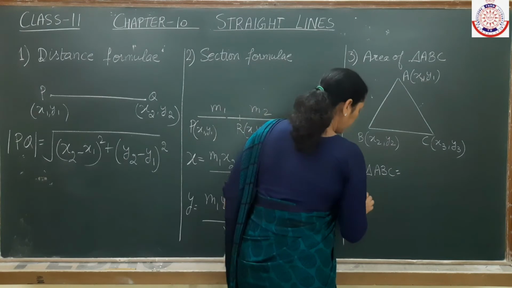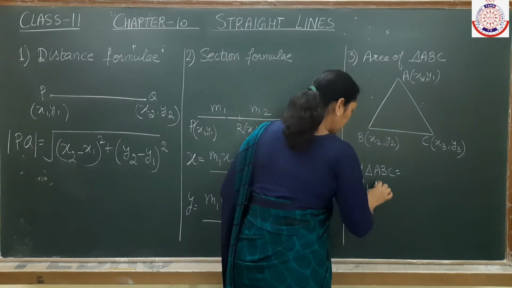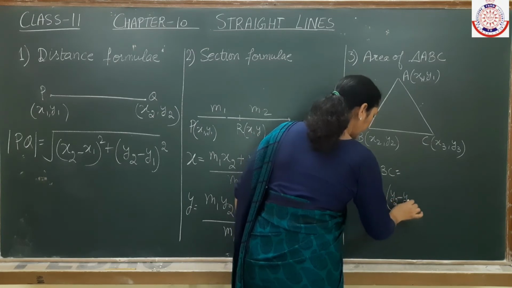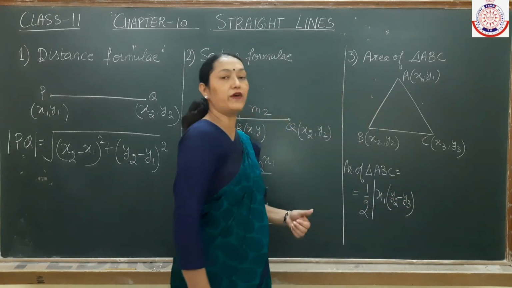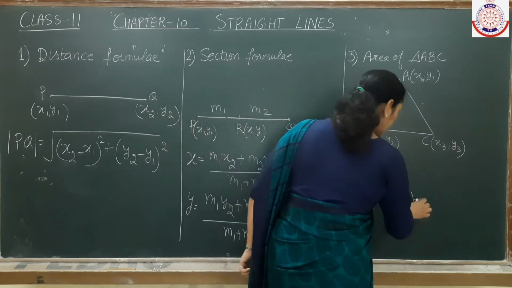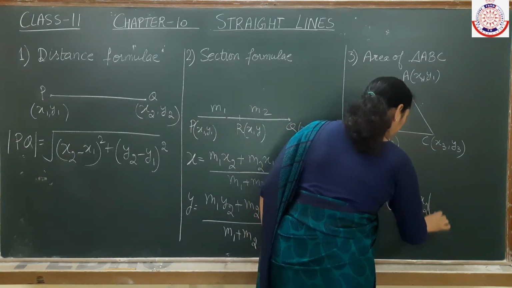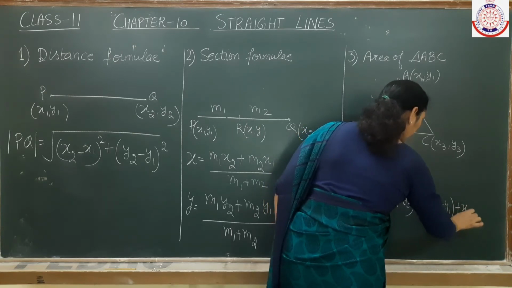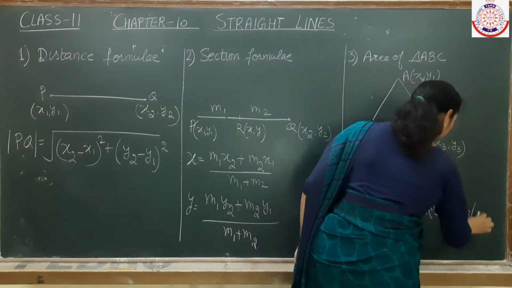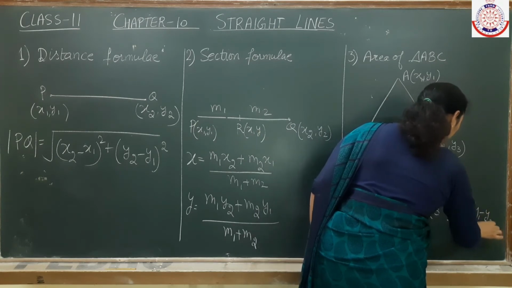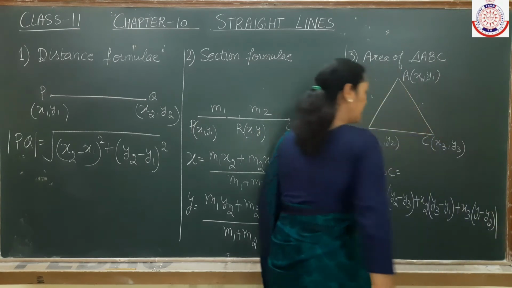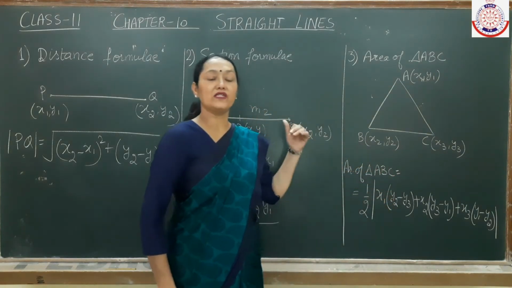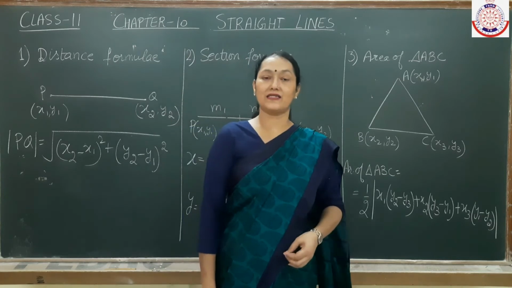For this, we have used this formula: x1 multiplied with y2 minus y3 plus x2 multiplied with y3 minus y1 and then x3 multiplied with y1 minus y2, and the modulus of the whole will be multiplied by half. So all these formulas we have learned in our class 10th.